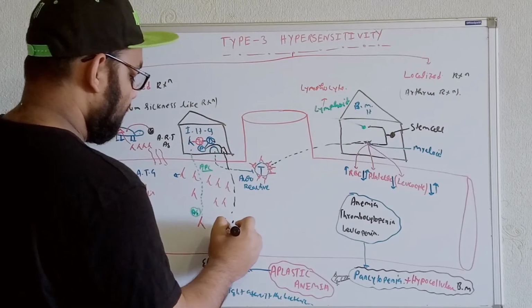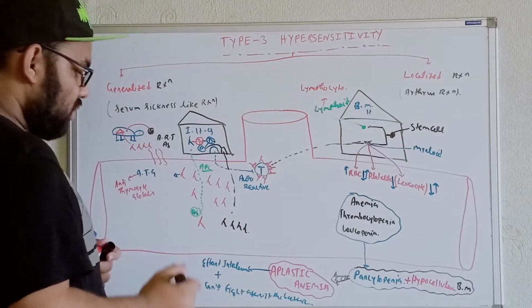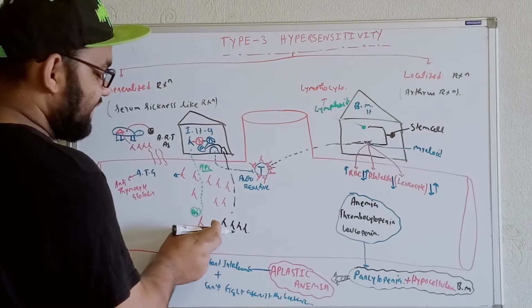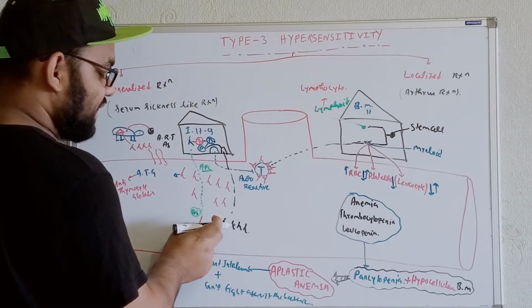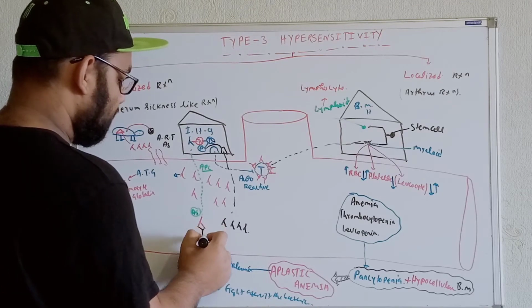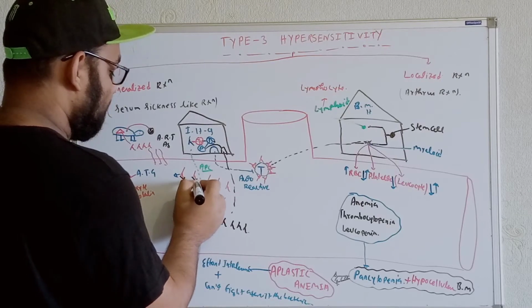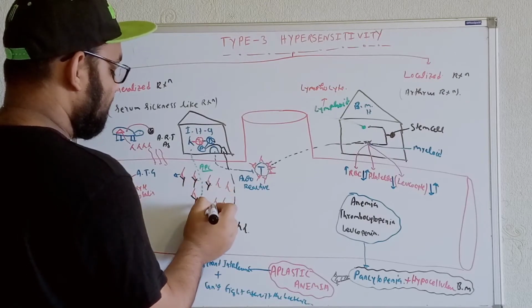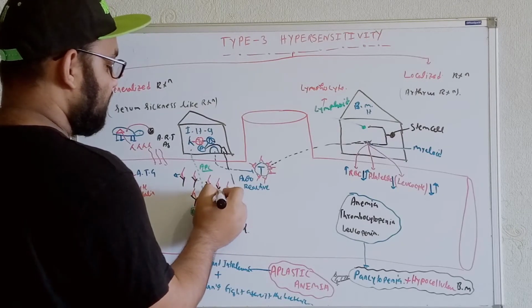They will regard this antibody as antigen. They will form the immune complex with this one against this part. Actually they are antibody, but the immune system of the recipient will consider it as antigens.